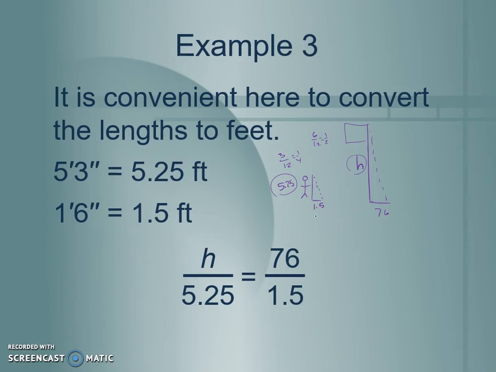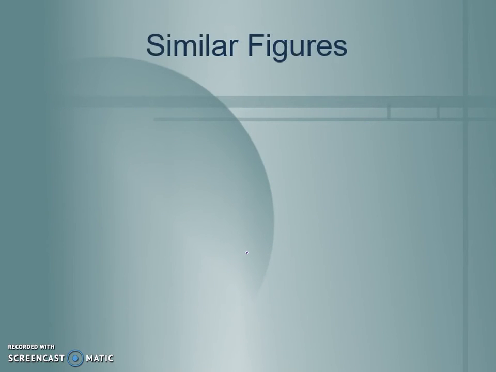That's our first ratio. And then we have 76 over 1.5. You'll notice we have the flag information on the top and our person information on the bottom. And then we will just solve using cross multiplication. You end up getting that the height is 266 feet.